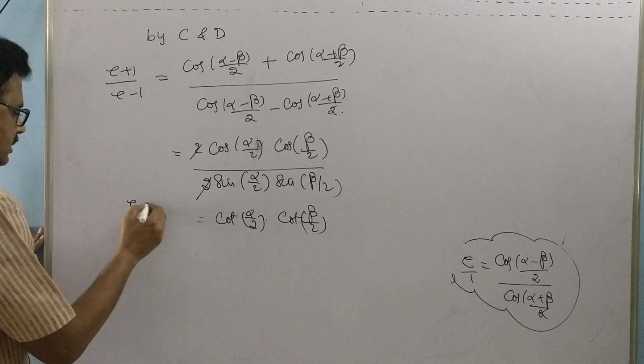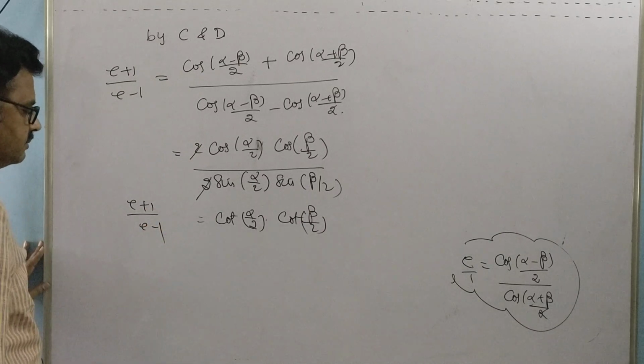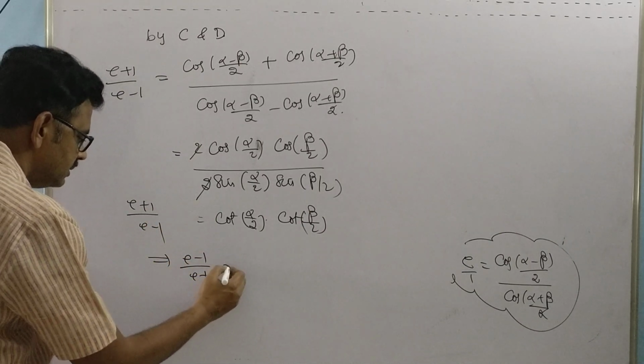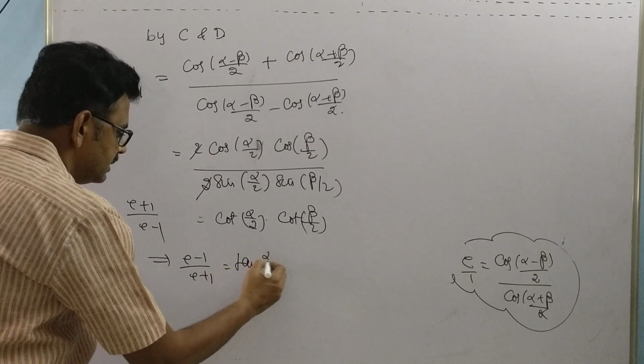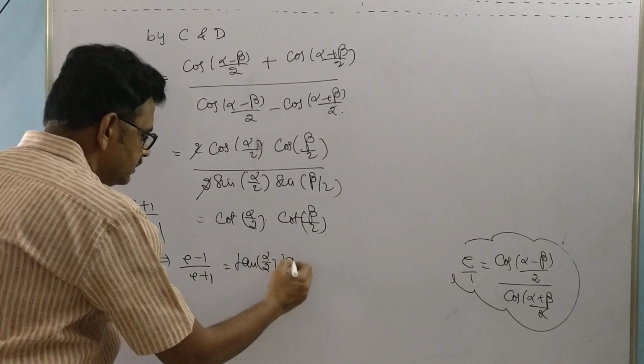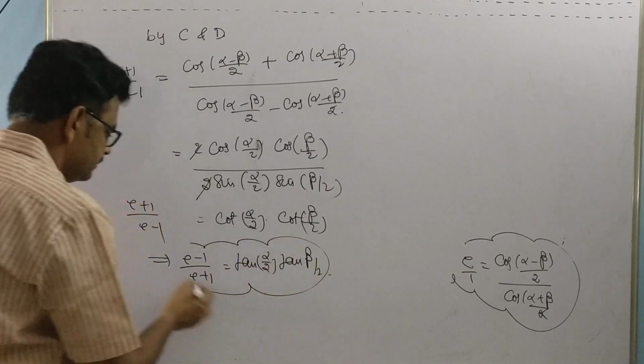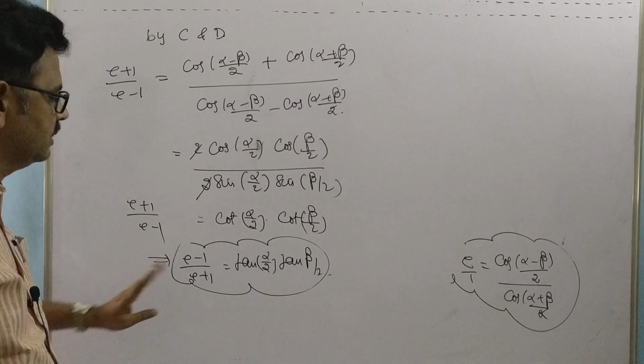So E plus 1 by E minus 1 implies E minus 1 by E plus 1 is equal to tan (alpha by 2) into tan (beta by 2). So this is also one result.